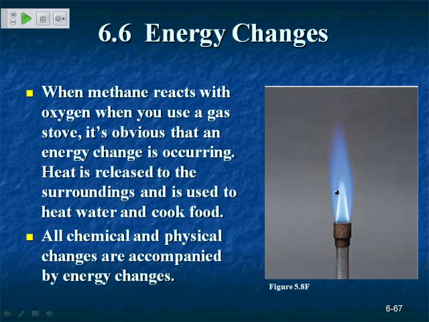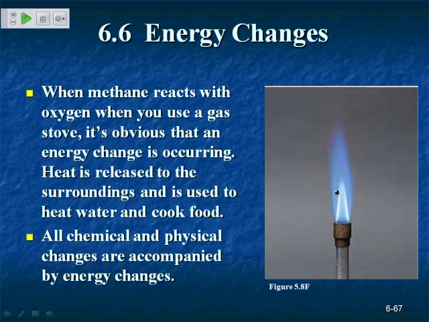So we are on to the last part of this chapter. We are going to discuss energy changes that are associated with chemical reactions. So when you react methane with oxygen, when you burn methane gas with oxygen, like what you use in a Bunsen burner, it is obvious that there is a lot of heat produced and you use that heat to boil the stuff, right?